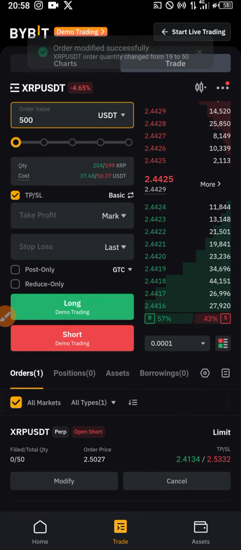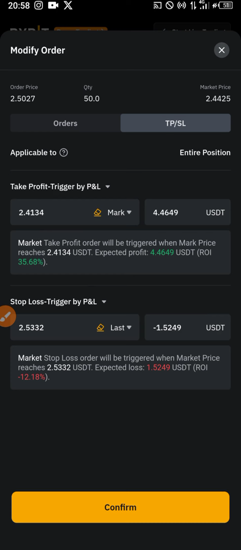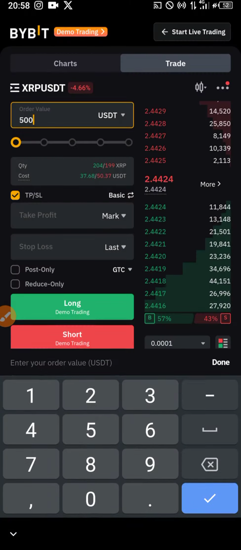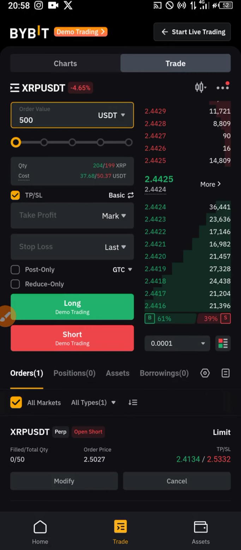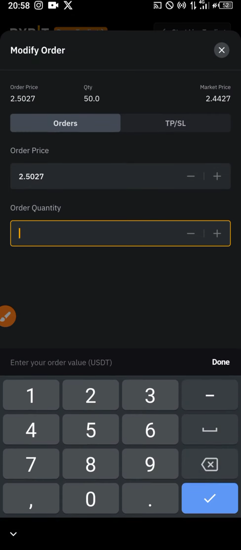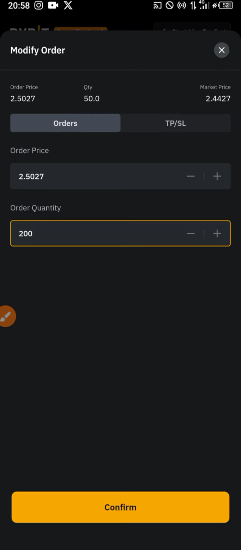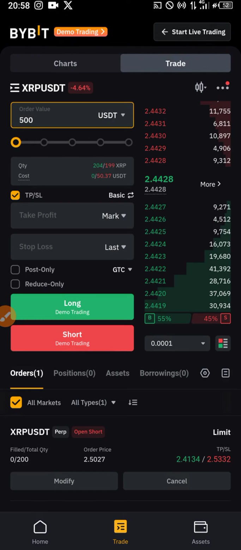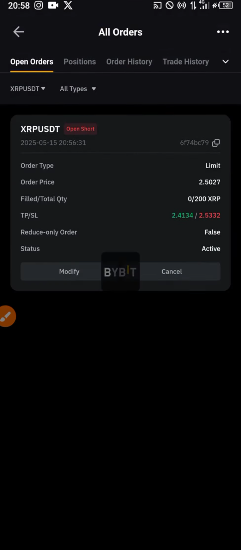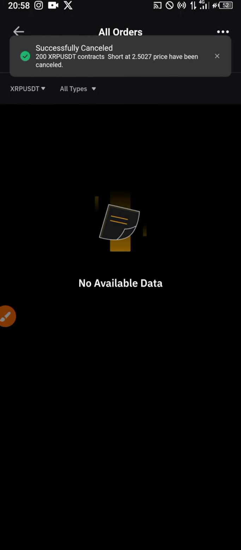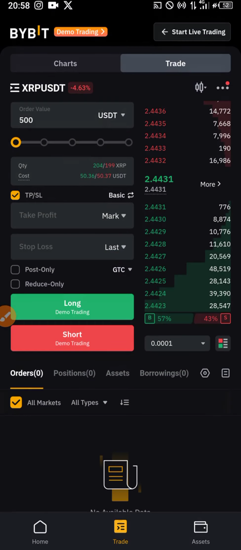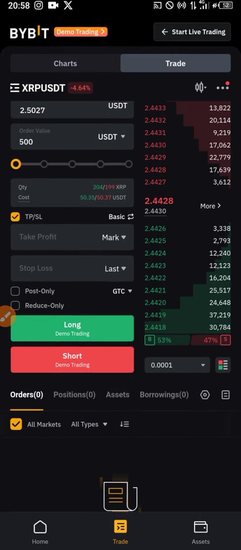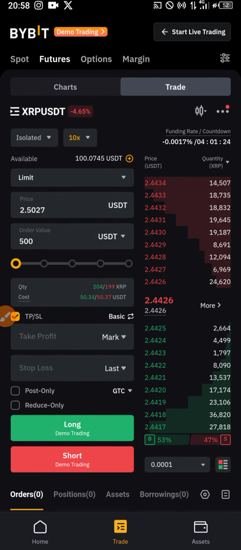So modify TP or SL. Let's modify again. 200 confirm. You understand now? So I've cancelled the trade.